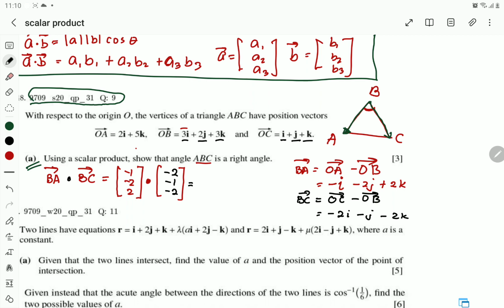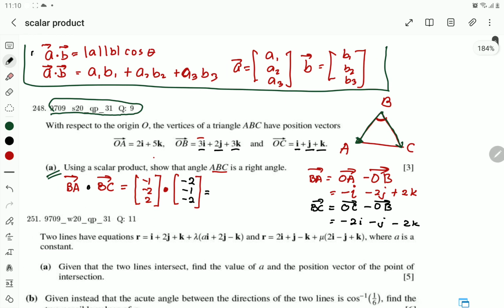Which formula are we going to use? Are we going to use number 1 or number 2? Basically, because the question is about the angle, let's use these first. Actually, we're going to use both, but we can use the number 2 first. So using the number 2, -1 times -2 is positive 2. -2 times -1 is positive 2. 2 times -2 is -4.